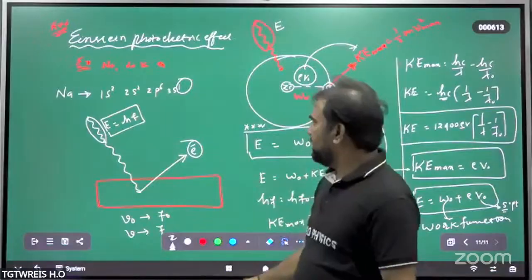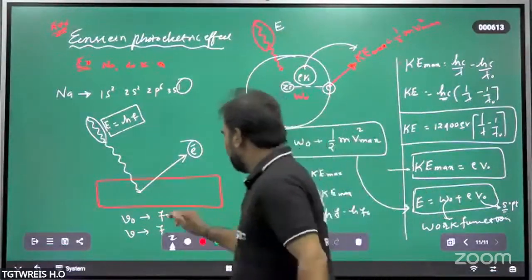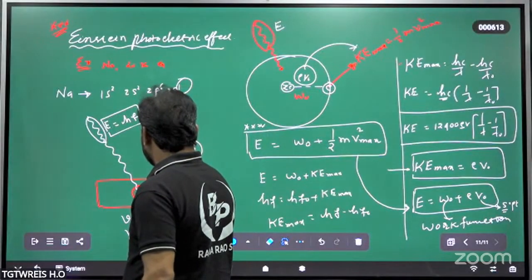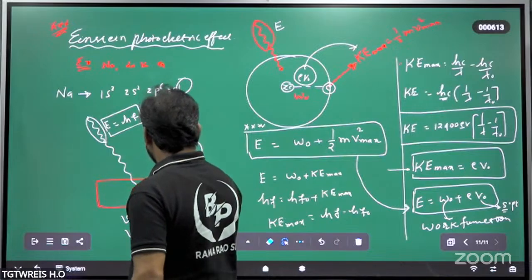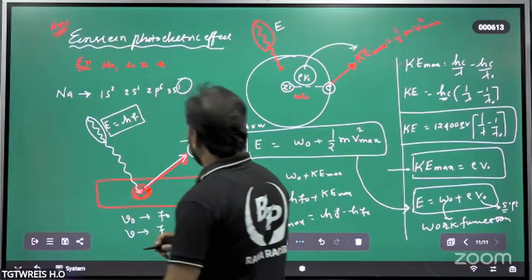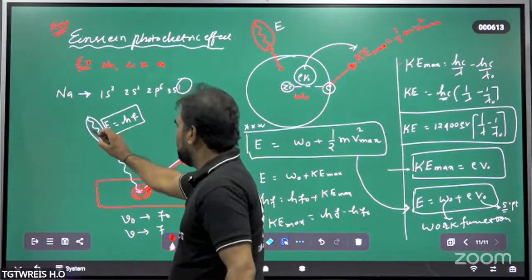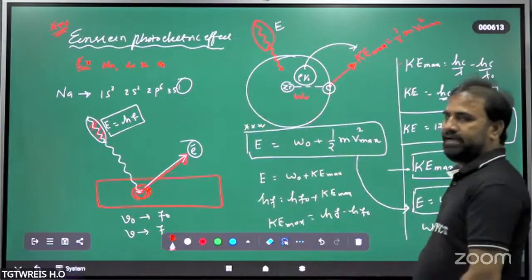How was it given? See here, the energy of the incident photon on an electron can be utilized in two ways. First one is the work done energy, and second one is the kinetic energy.